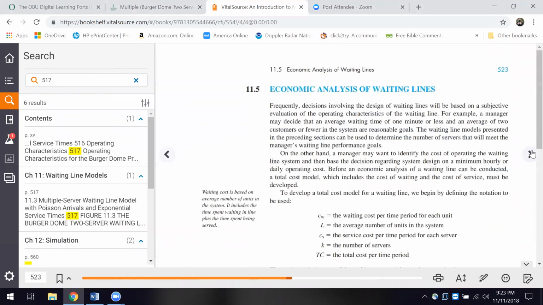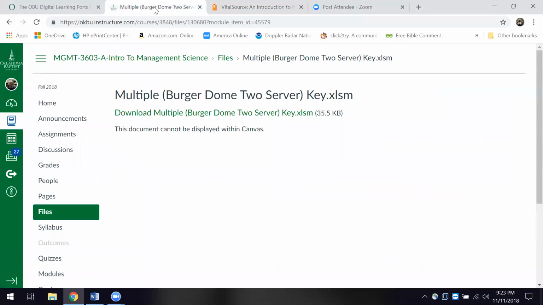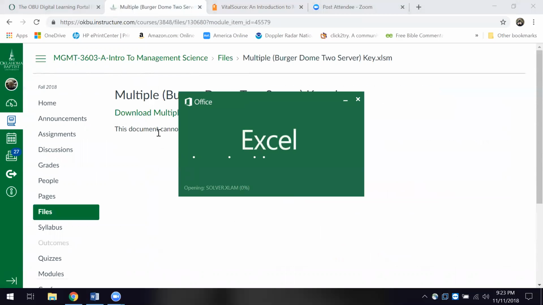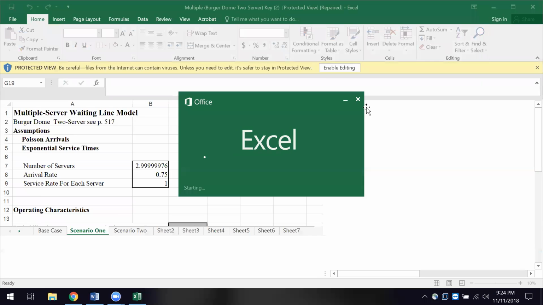Okay, and then we move into the economic analysis of the waiting lines. Well, let's look at the file. Okay. And I had made the key available, if I'm not mistaken. So I'll just download it again, and we'll take a look at it.